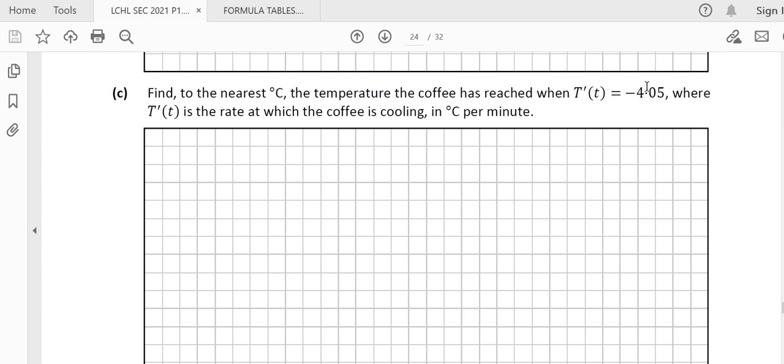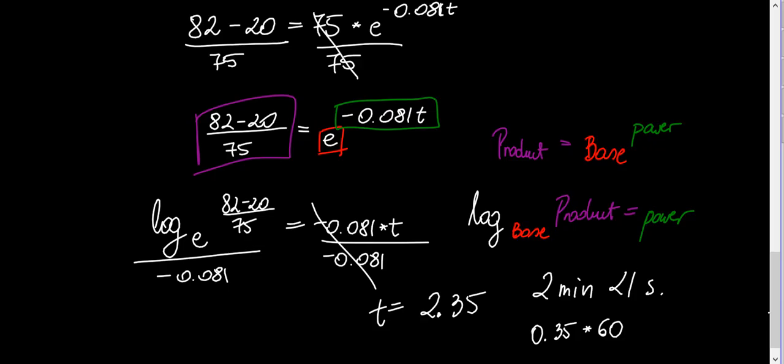And they are saying when the value of the derivative is minus 4.05, where T prime is the rate at which the coffee is cooling in Celsius per minute. Okay, so what are we looking for again? The temperature of the coffee. Now, how do we look for the temperature of the coffee in this question? Well, we have the formula, isn't it?